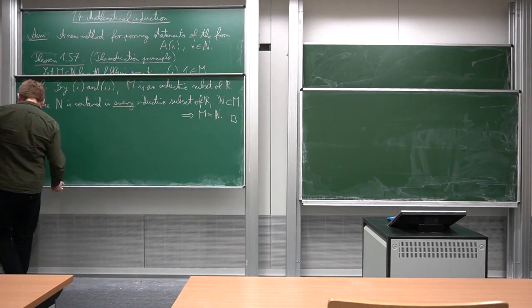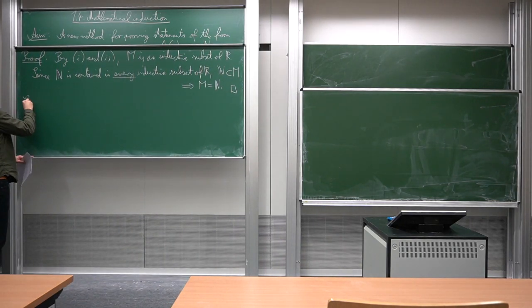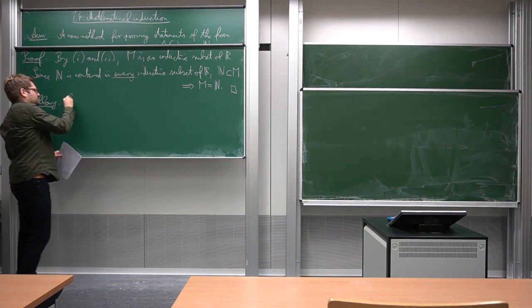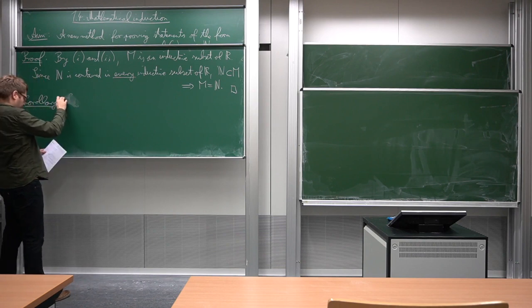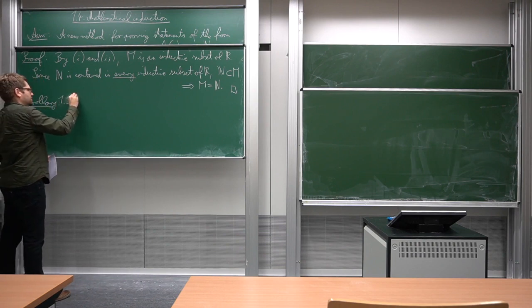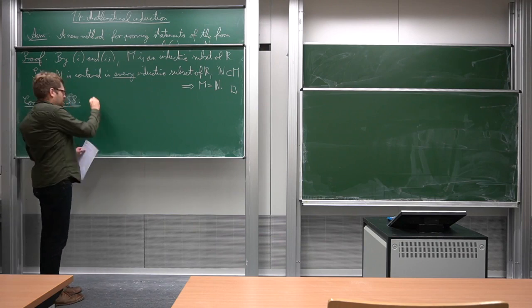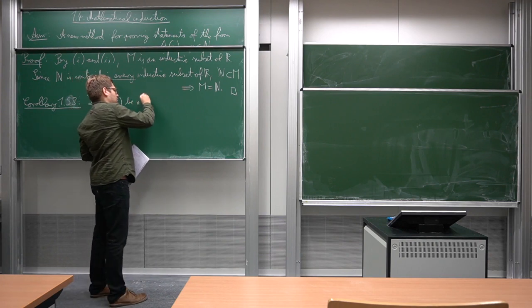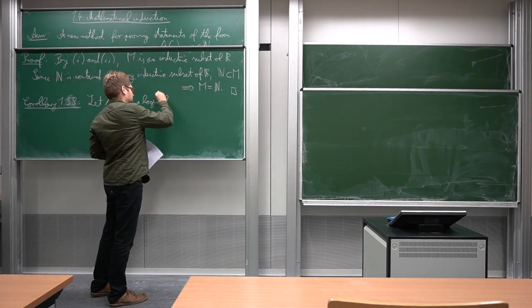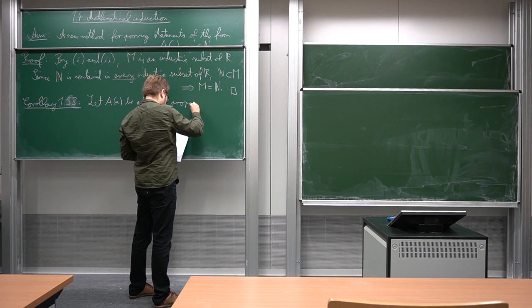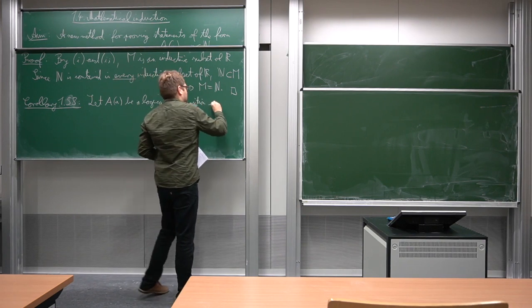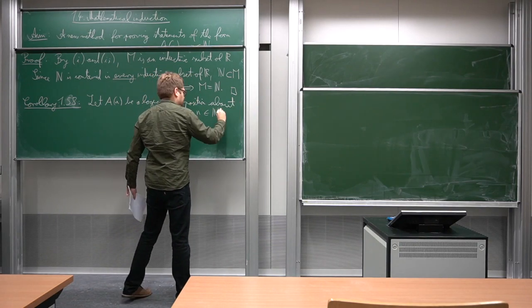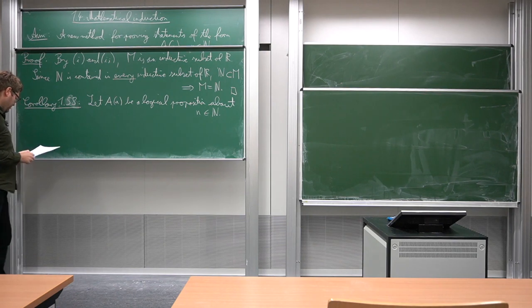Okay, what does this have to do with proving statements? This is now a corollary of this theorem. So that corollary also gets a number, 158. So we take A of n to be a logical proposition about n in N. So the setting that we want to study here.